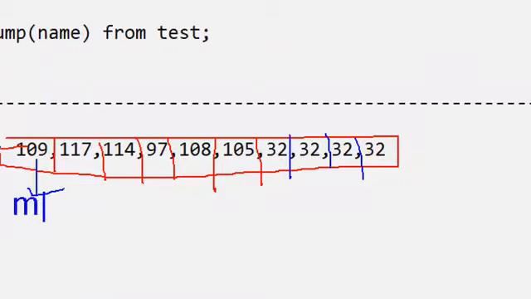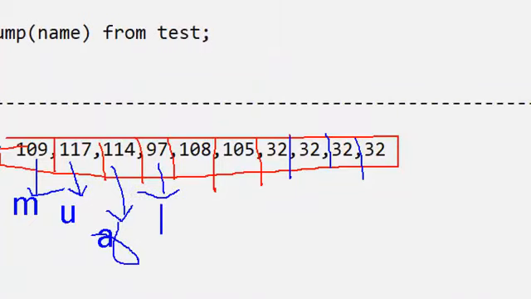Now capital M, the first letter of my name, is ASCII value 77. U is 117. R is 114. A, small a, is 97.